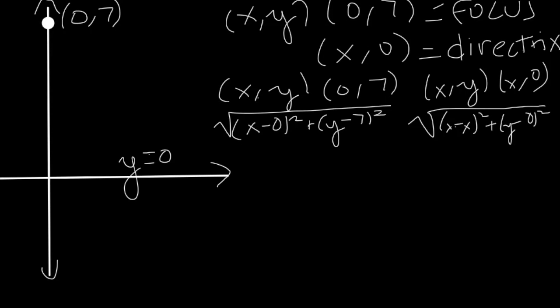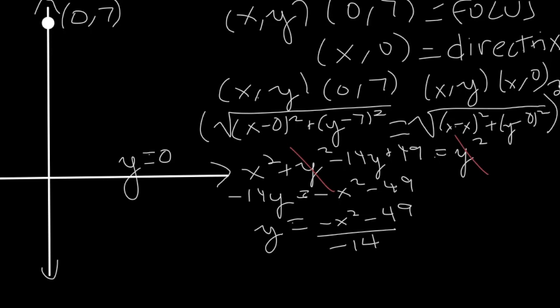And finally, we set the distances equal to each other, or what is called distance equals distance, since we know that both of the distances have to be the same. Eventually, you'll get your equation after doing some basic algebra. So this is how to find an equation of a parabola, or how to find all the points that are equidistant from a point and a line.